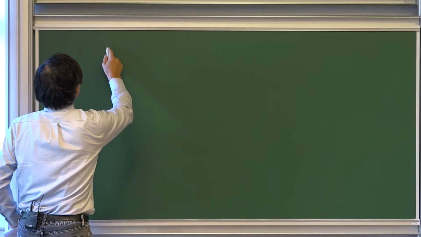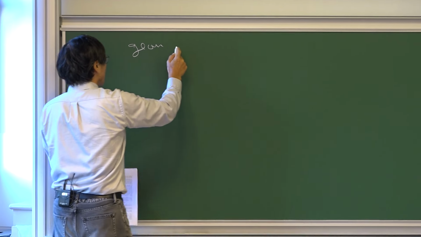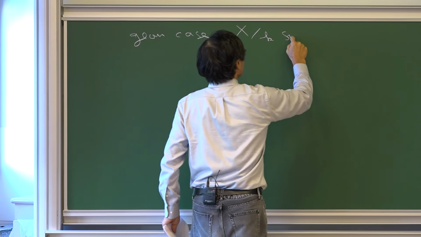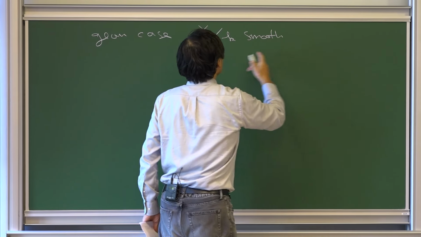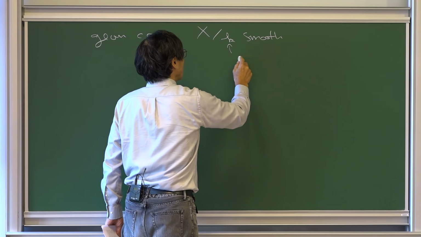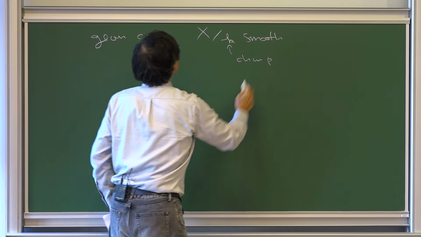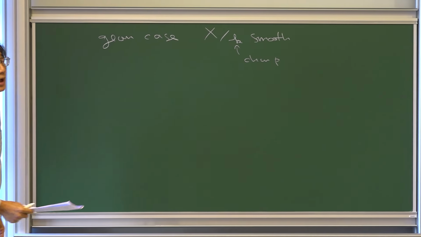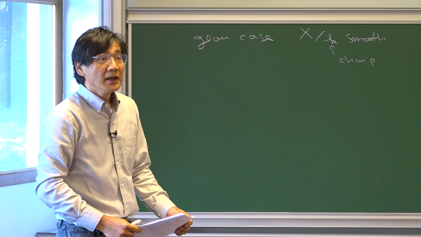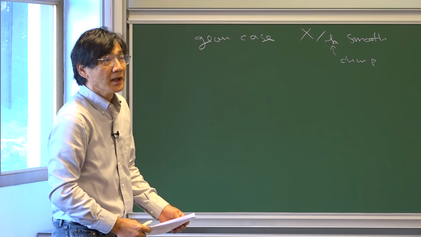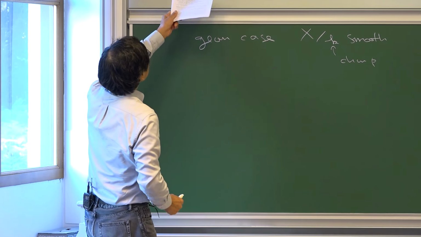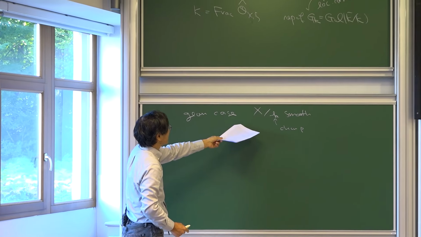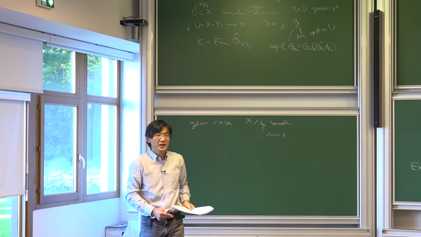So let me recall what we know in the geometric case. Here X is smooth over some field k of characteristic p, and we consider a similar situation. We are interested in the mixed characteristic case, but let me begin with reviewing the geometric case.